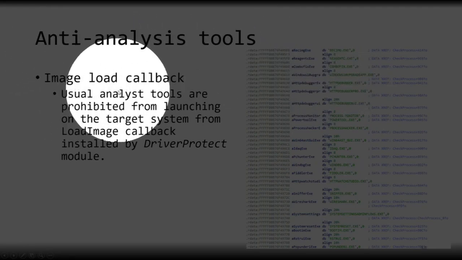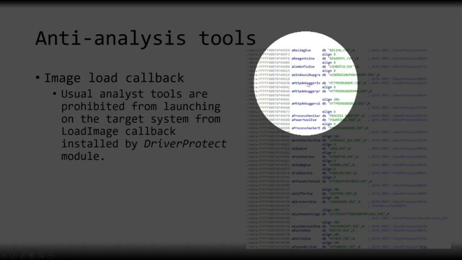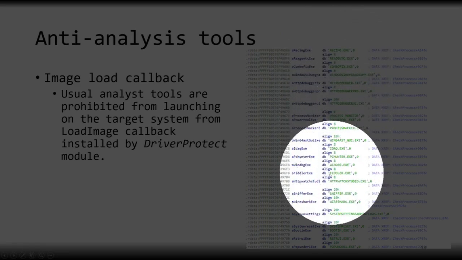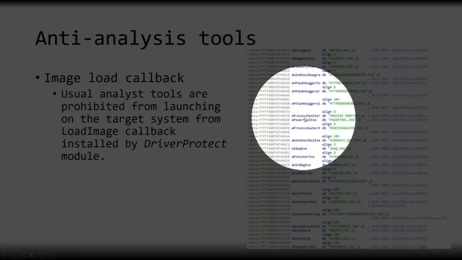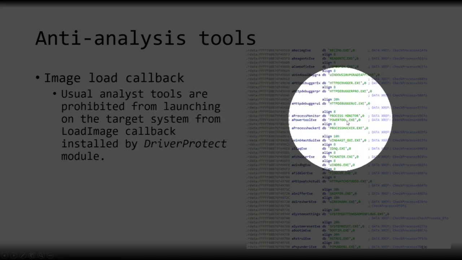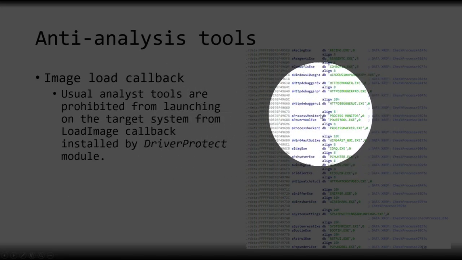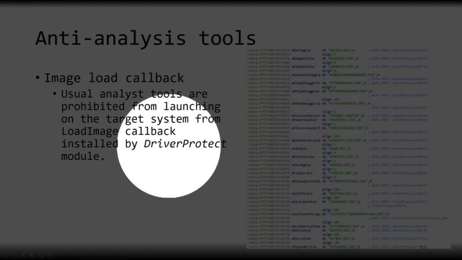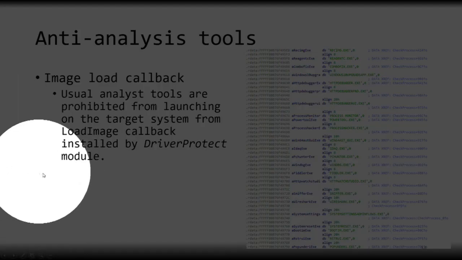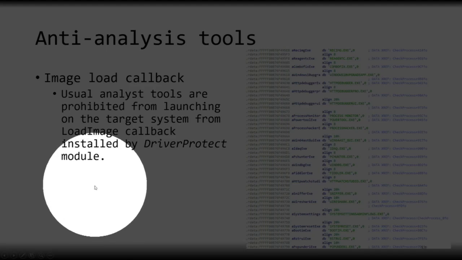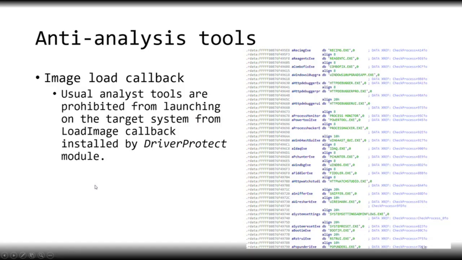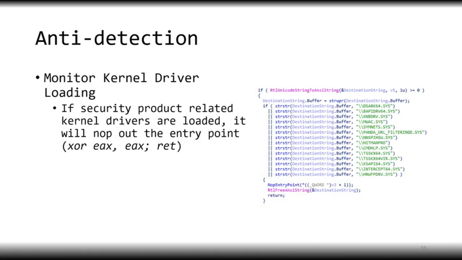Also, using this image load callback, whenever they find these process names, they will just put the NOP code into their entry point. And those modules will be loaded, but will not perform anything because the entry point is already nullified.